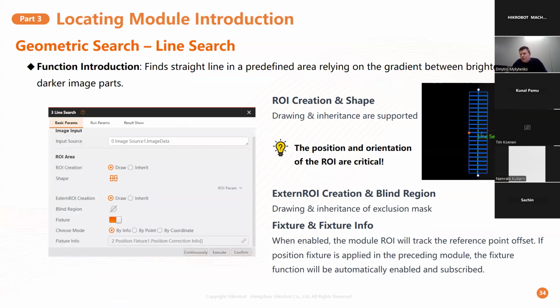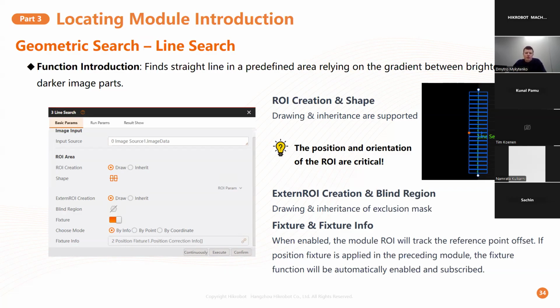Talking specifically about the line search module, we first look at the basic parameters. The module detects straight edges within a defined region by analyzing grayscale transitions between darker and brighter areas. The position, orientation, and size of ROI are critical, since they directly influence which edges are considered during detection.